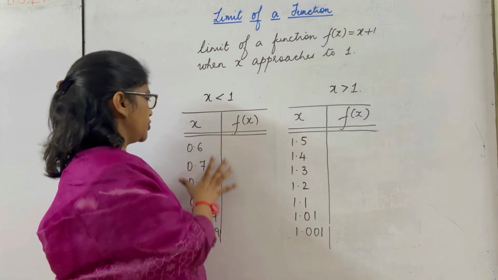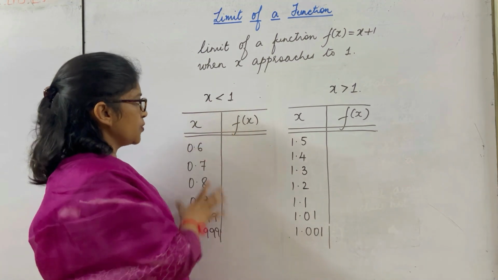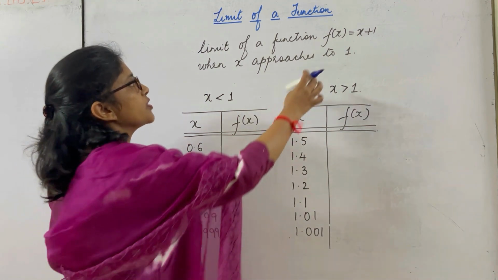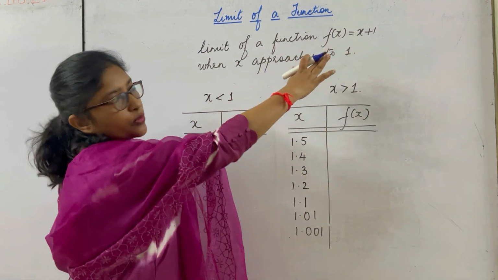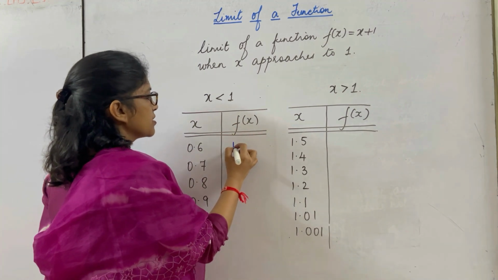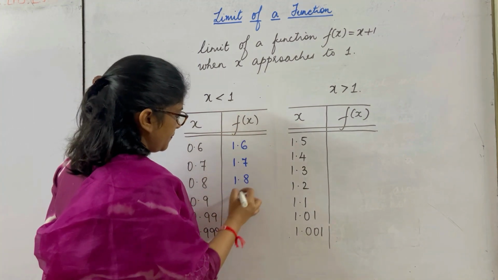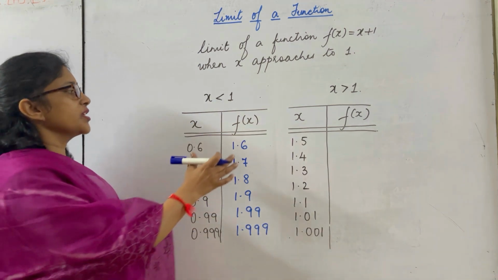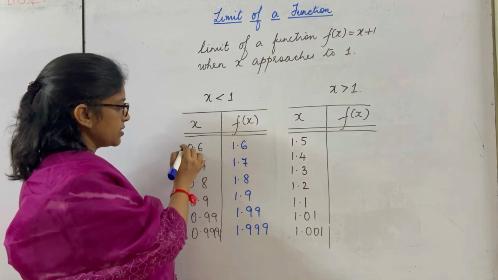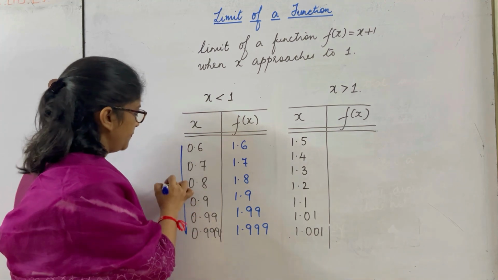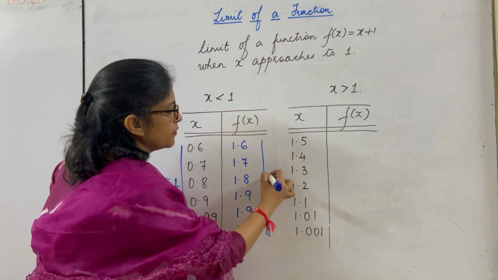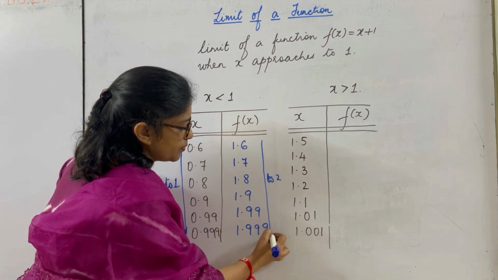I have taken different values of x which are smaller than 1 and some values which are greater than 1. We have to find f(x) for this, so simply put the x value in the function and get the value of f(x). On finding f(x), we see that when x approaches 1, f(x) approaches 2.